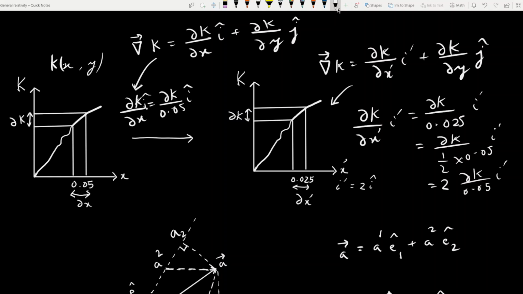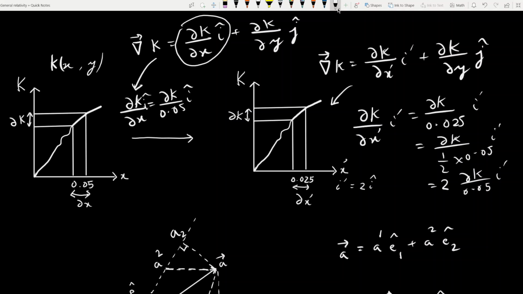Now compare these two values. We can see that the component of the gradient vector, this component right here, as we have changed our x coordinate into x prime by doubling our basis vector, this i hat component of the gradient vector is being doubled.